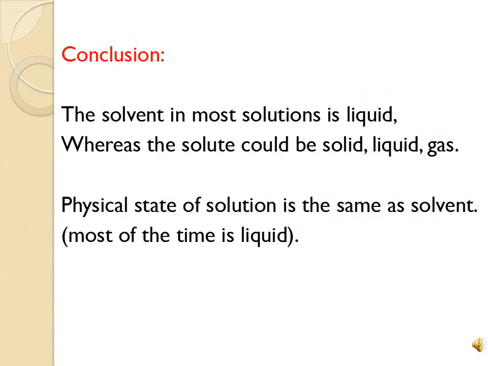As a conclusion we can say that the solvent in most solutions is liquid whereas the solute could be solid, liquid or gas. In three quarters of solutions we will find the solvent is liquid. The solvent could be a gas or a solid, we may come across that, but in most solutions we will meet, the solvent will be liquid. So the physical state of the solution will necessarily be liquid too.